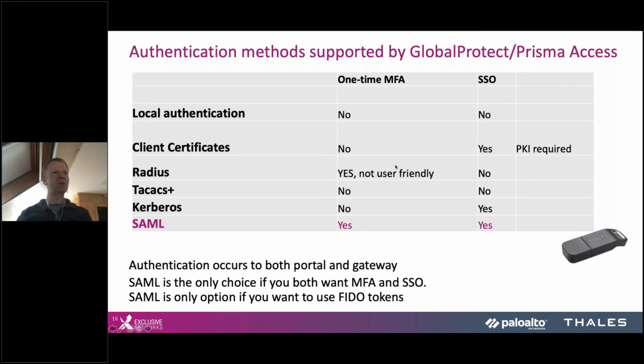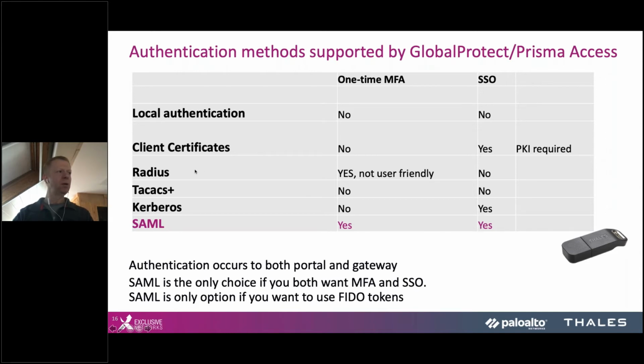Now, if we look at all the authentication methods that GlobalProtect and Prisma Access support, I've listed them all, but what you see here is that there's only one authentication method which supports both multi-factor authentication and single sign-on.